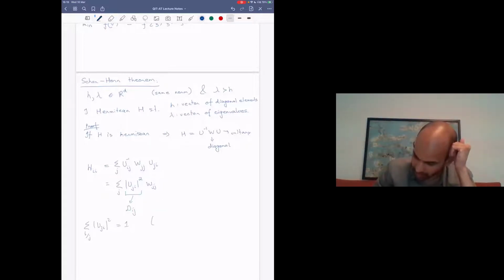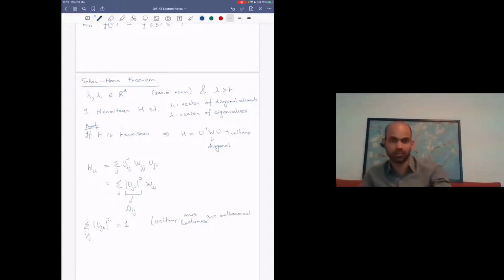This follows from the fact that in a unitary, the rows and columns are orthonormal, so the squared norm of any row or any column of a unitary operator is going to be 1. This means that the vector H is equal to D times lambda, where lambda is the vector of diagonal elements of W, which are the eigenvalues of H, because W is essentially the diagonalization of H.